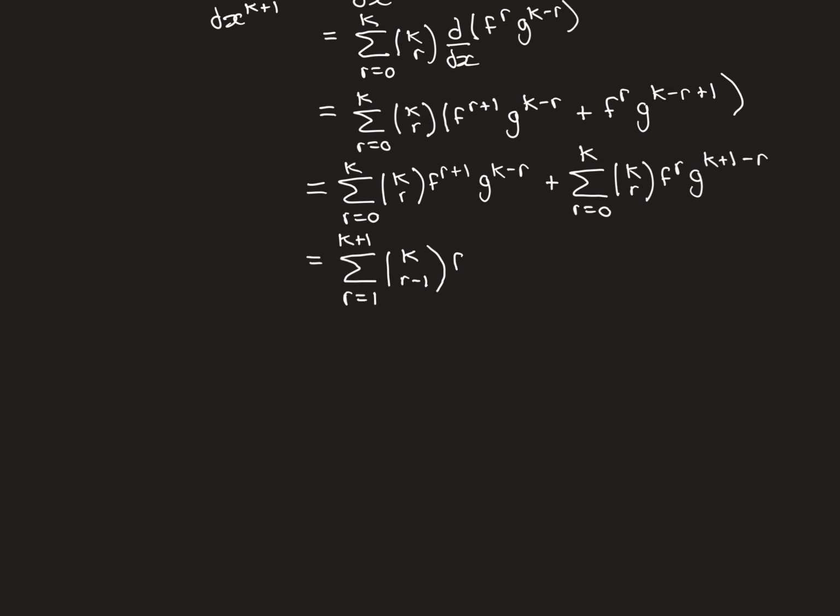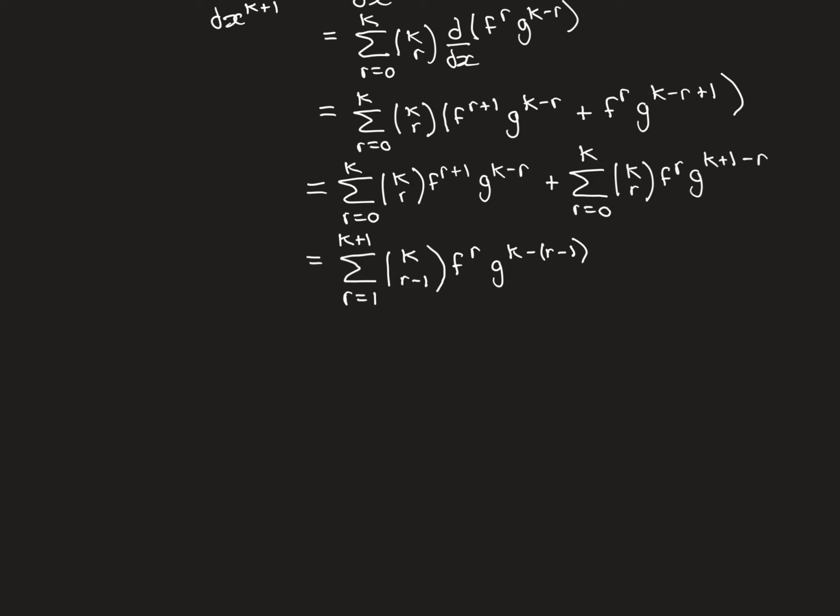But the reason I've done this is because now f is just differentiated r times, and also g is now going to be differentiated k minus, and now it's going to be r minus 1 there, times. But you can see that those minuses are going to cancel to make a plus, and this is then going to become k plus 1 minus r, which is another nice thing that we want there. So this is going well.